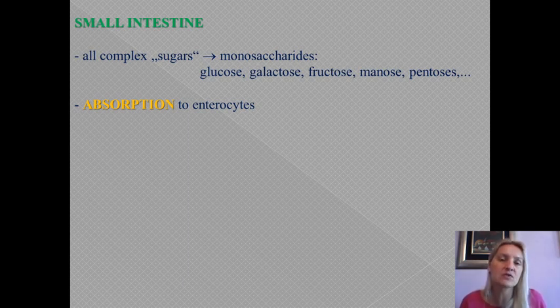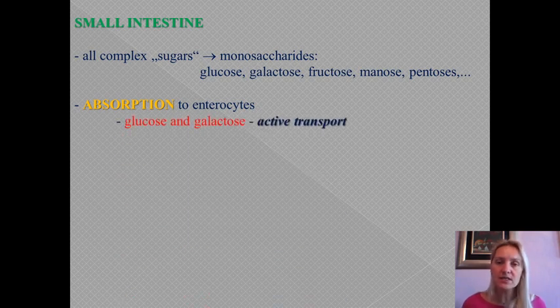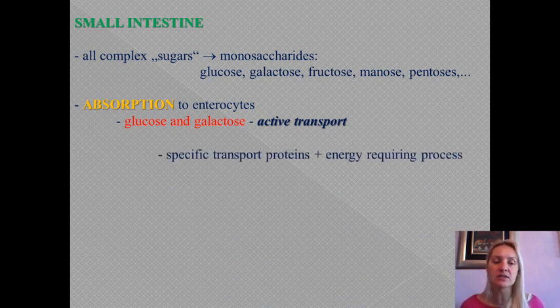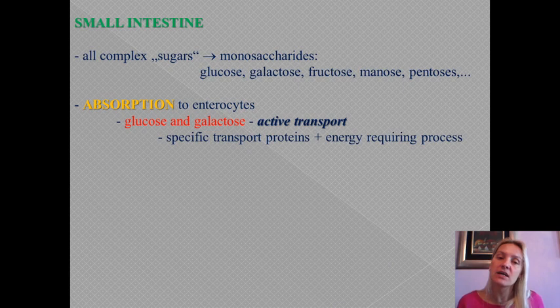And of course, we have to see which mechanisms are involved in such a process. And there are some differences between those monosaccharide units. Glucose and galactose are absorbed by active transport. And you know from some of the previous units that this kind of transport requires specific transport proteins, plus it's an energy requiring process.